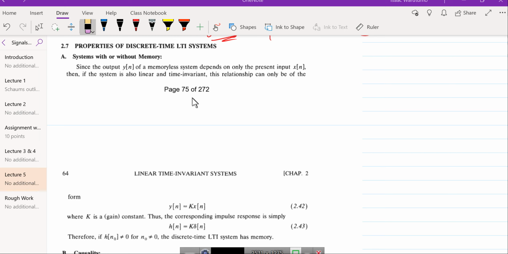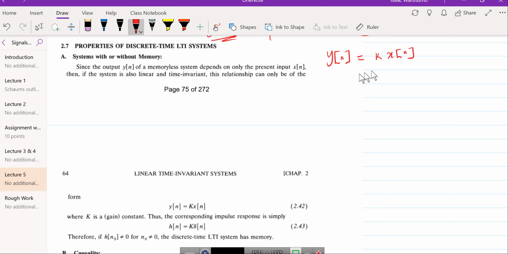Since the output y of n of a memoryless system depends only on the present input x of n, then if the system is linear and time invariant, this relationship can be of the form y of n equals k x of n, where k is a constant or gain.